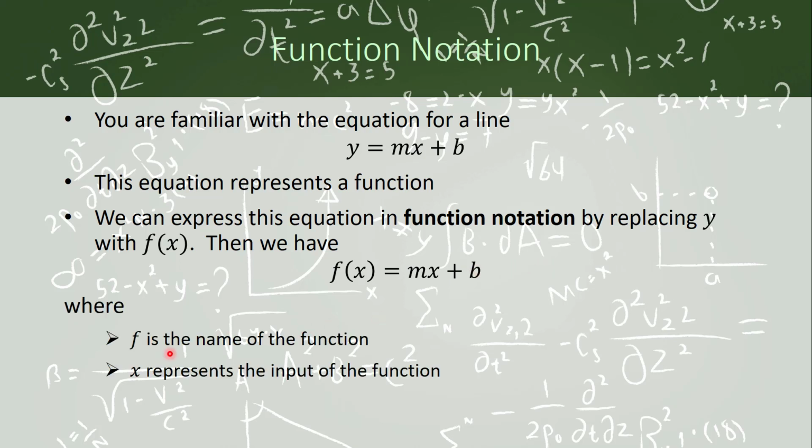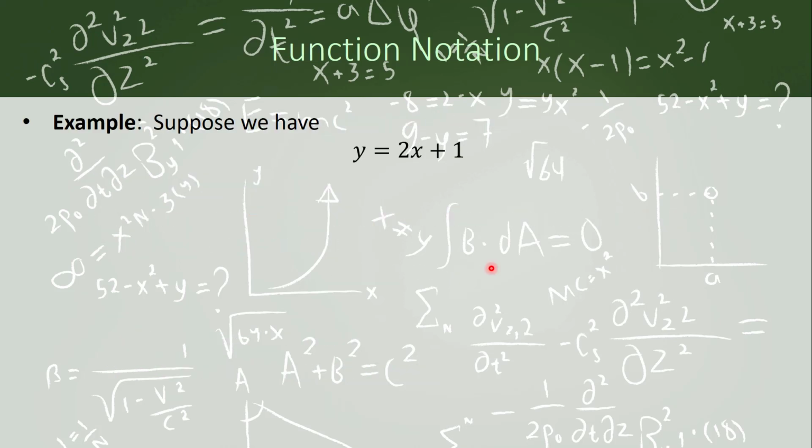So f is the name of the function, and x is the input to the function. If we replace x with a particular number, we're going to get an output, and that will be the output of the function. Okay, what the heck does all that mean in an example? Suppose that we have y is equal to 2x plus 1.